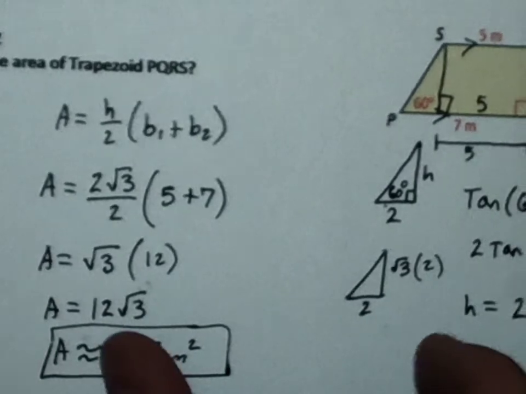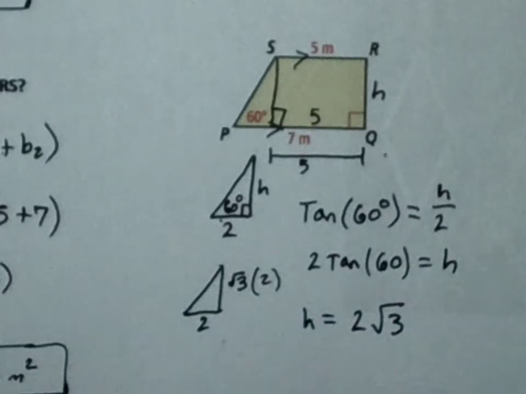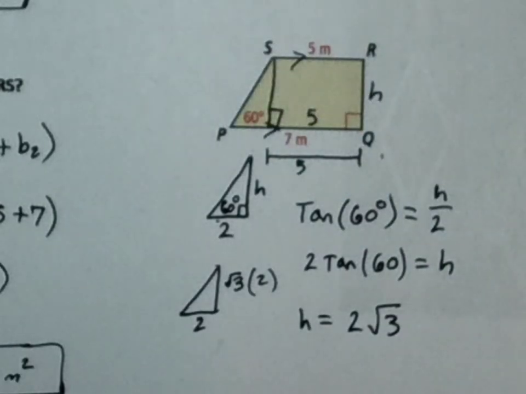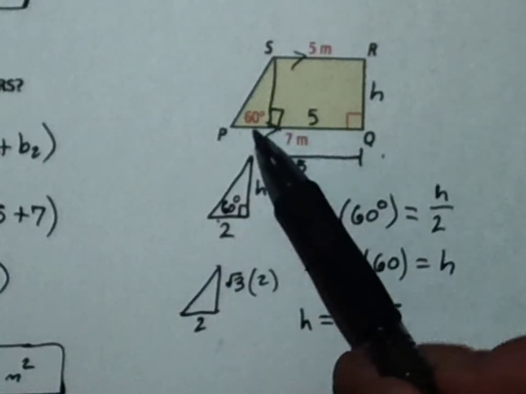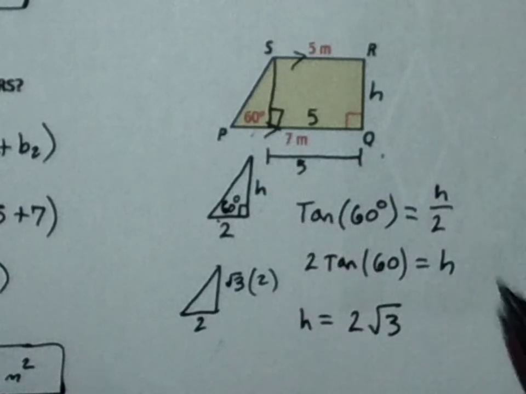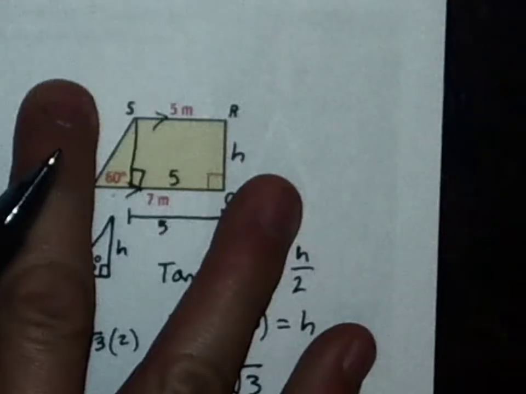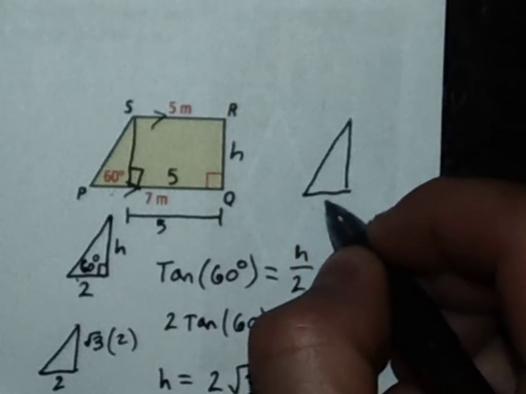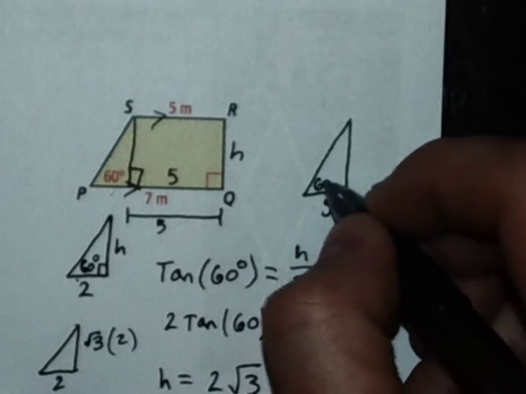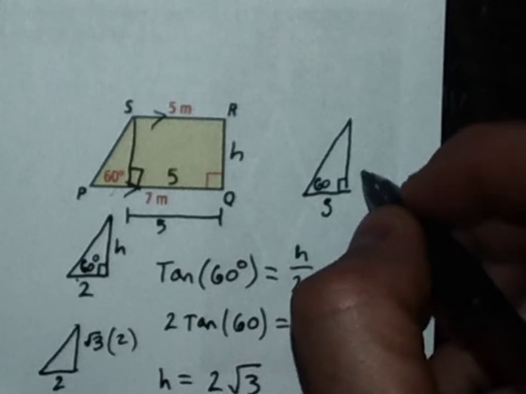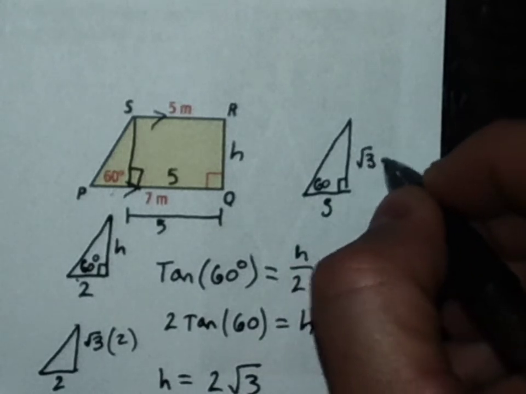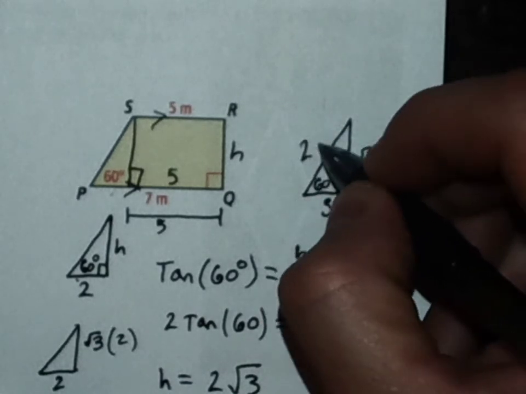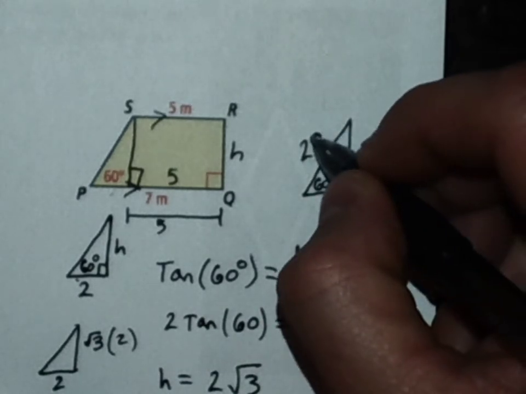So back to it. Big idea on this one. We're going back to our right triangle rules. Because it is a 60-degree triangle, we can use our 30, 60, 90 triangle, which if this is the short side, because this is 60, then this is going to be the square root of 3 times the short side, and the hypotenuse is 2 times the short side.